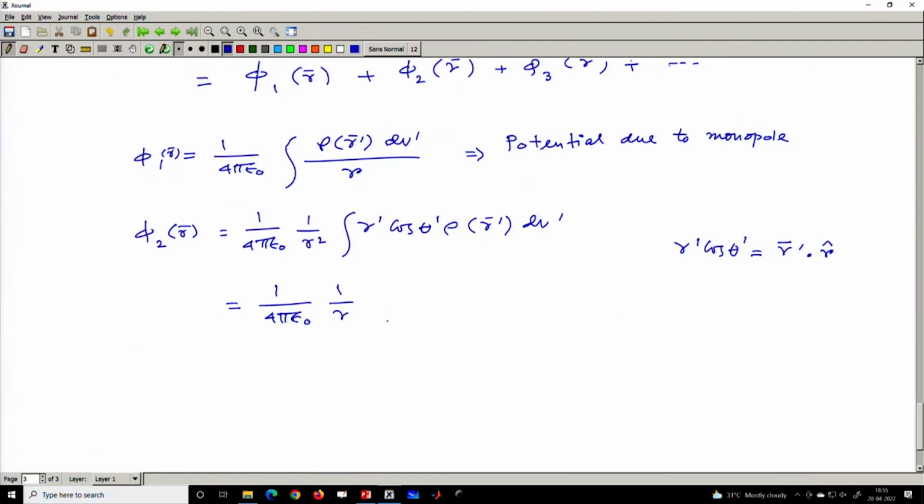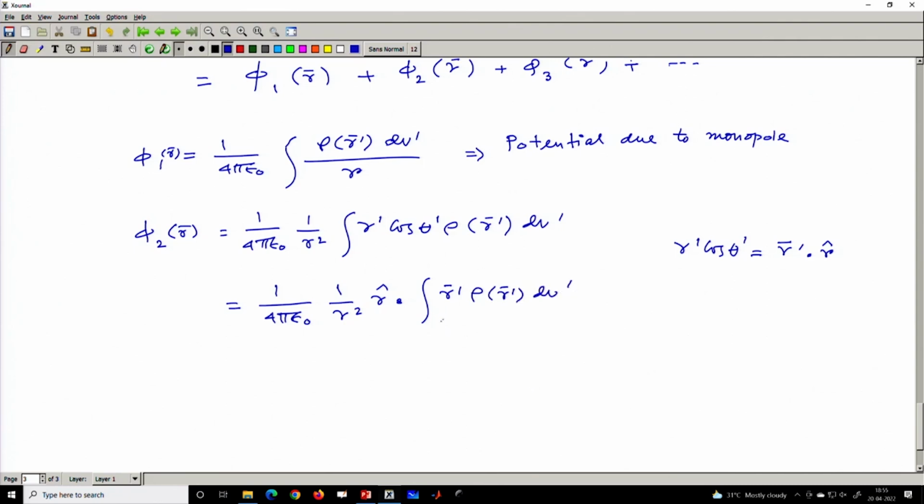So, this is r square and r unit vector dot integration of r prime rho(r prime) dv prime.